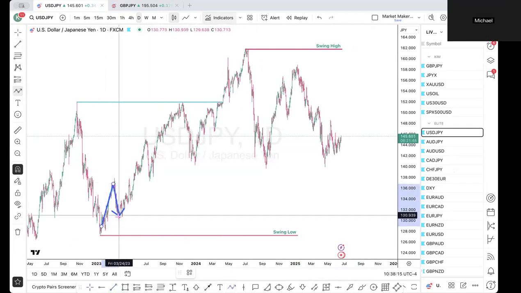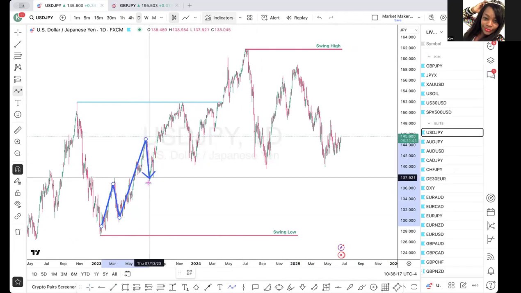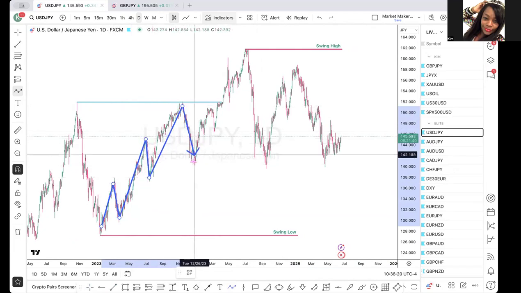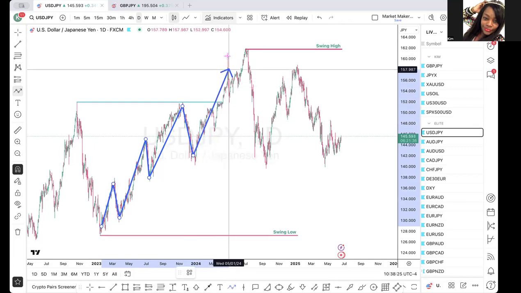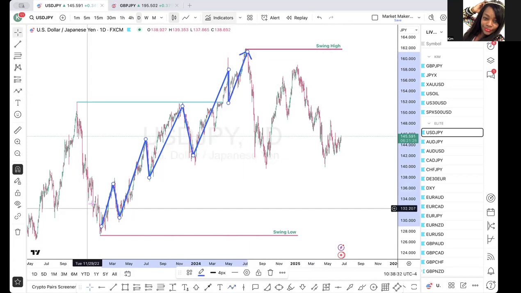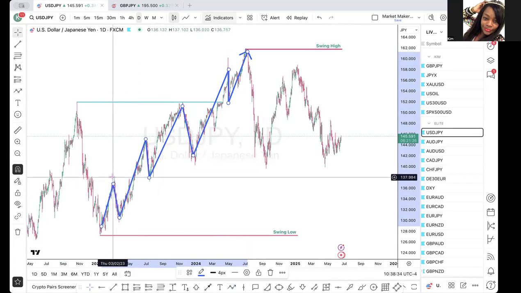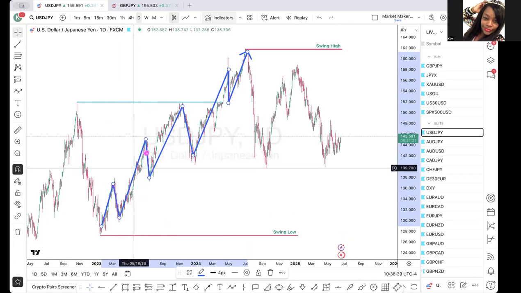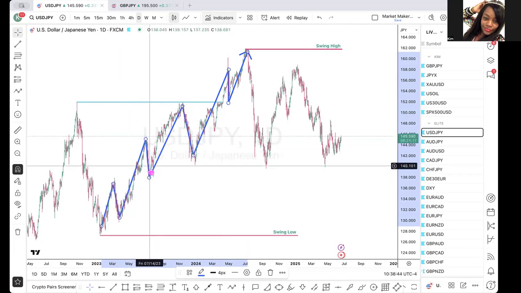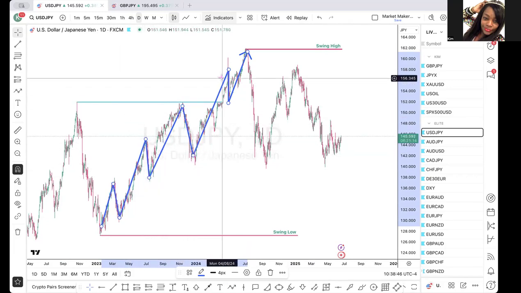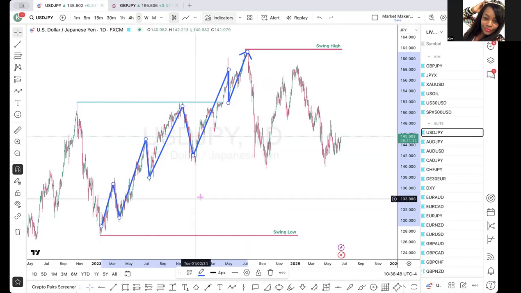You have this push up, this pull back, this push up, this pull back, this push up to here because price didn't break till right here. This pull back, and then this push up. Your push ups should be breaks of structure until you get a pullback. So these are your internals for this swing move.